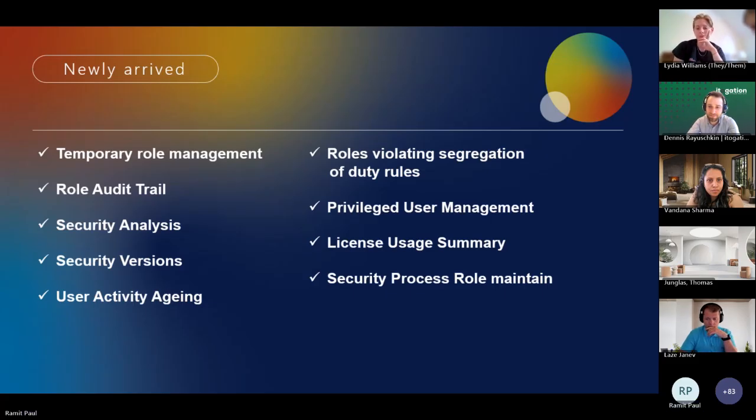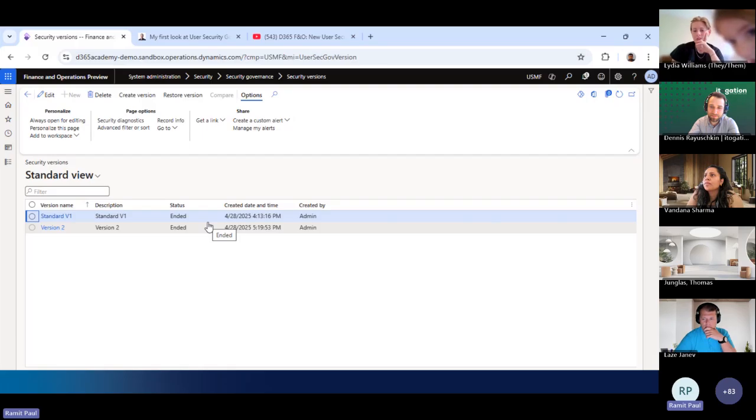And privileged user management. The concept is very, very simple. Say in the old days, an auditor used to sit beside the user, and then he or she used to audit what the user was doing. This would take some time.